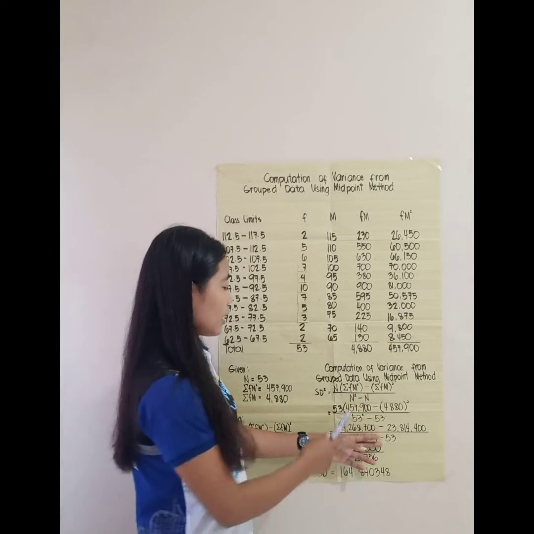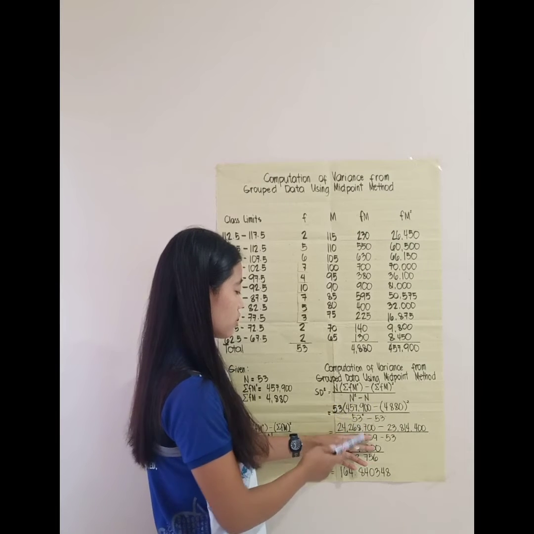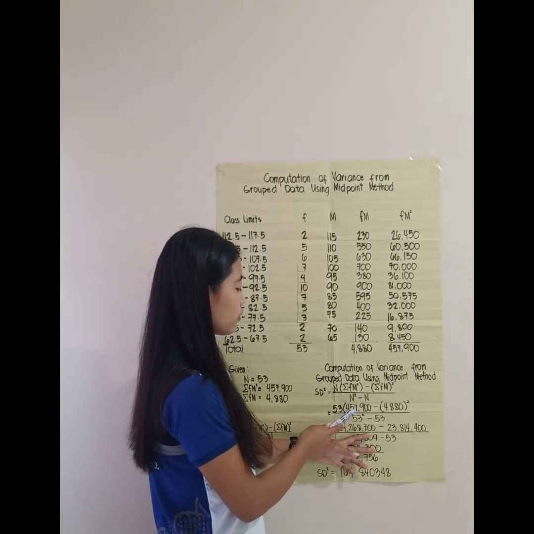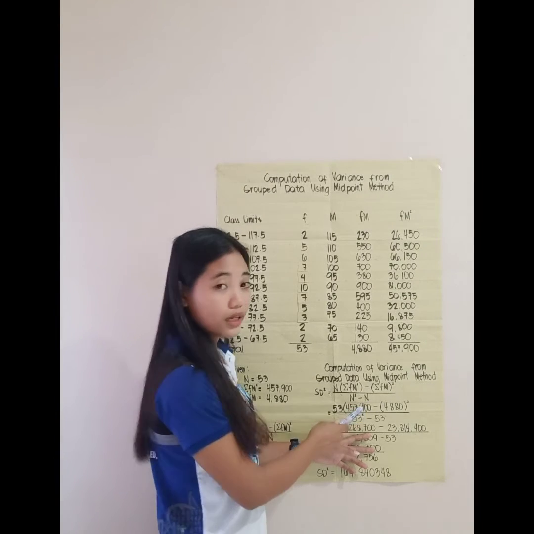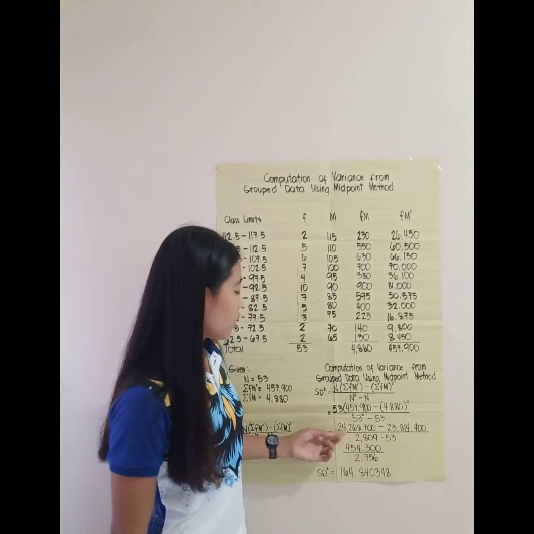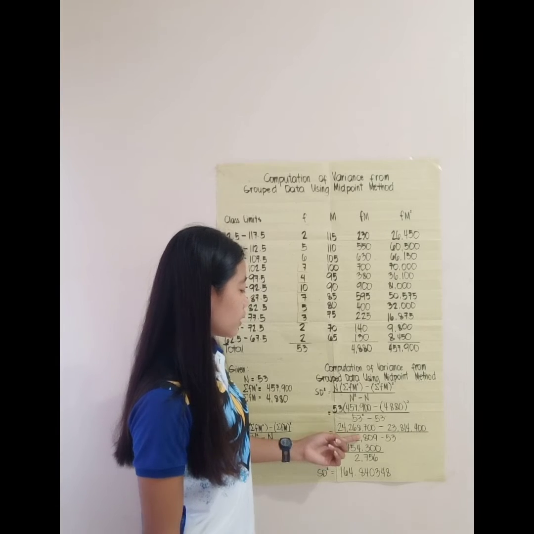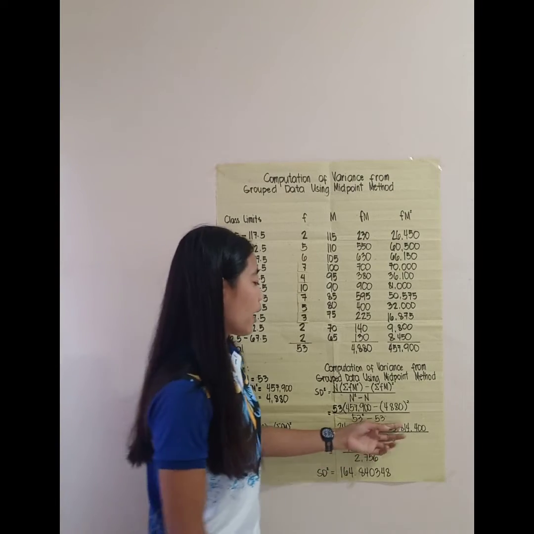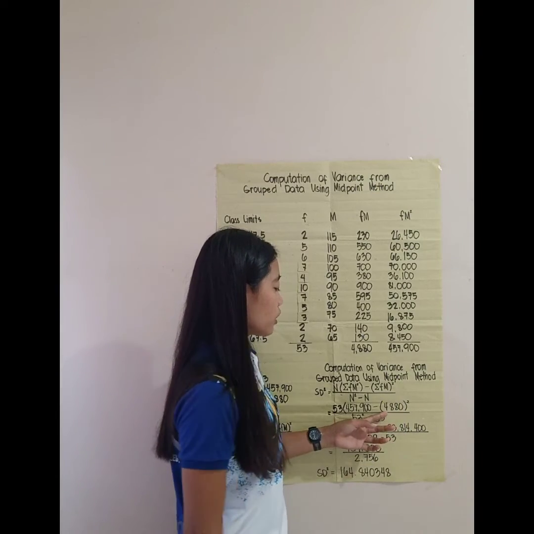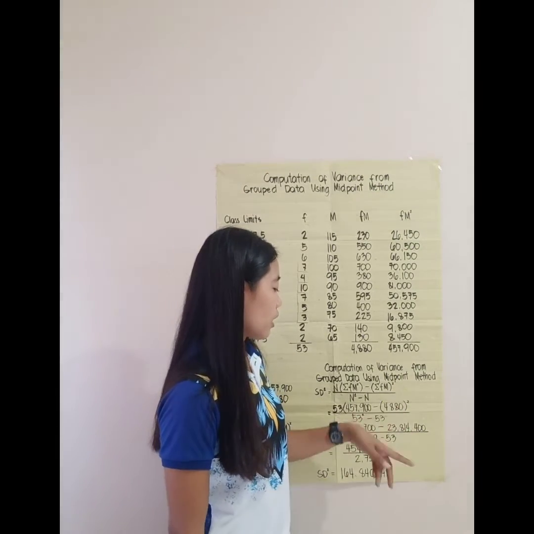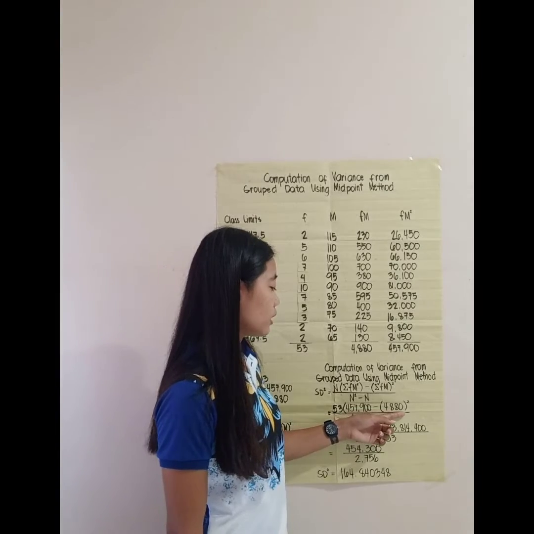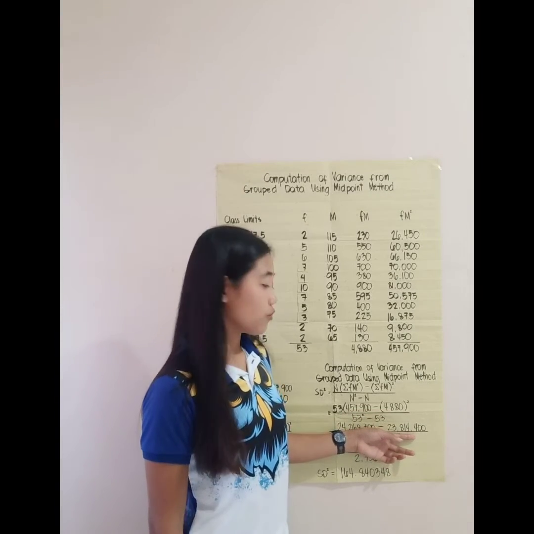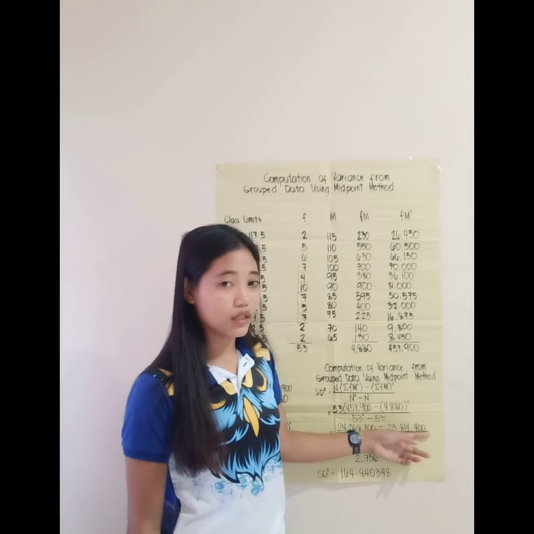So now, let's compute this first. 53 times 457,900, the result is 24,268,700. Next, let's compute this. 4,880 times 4,880, the result is 23,814,400.